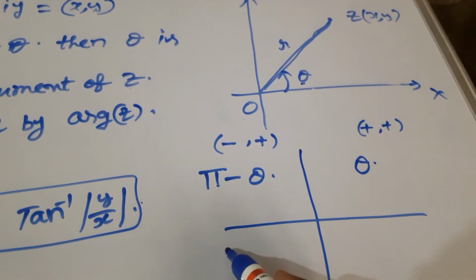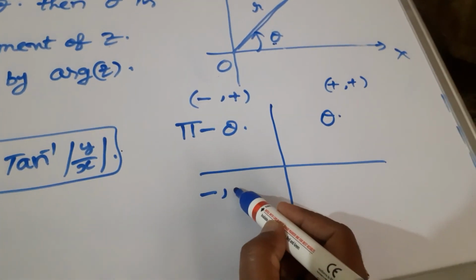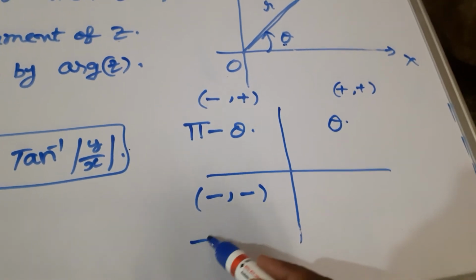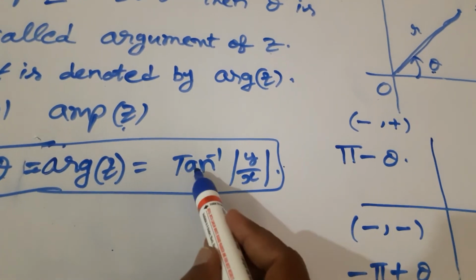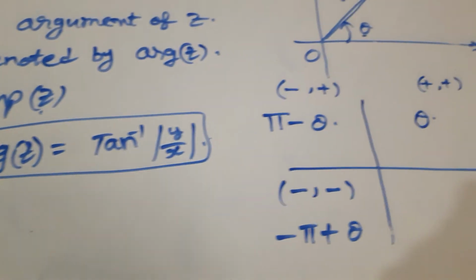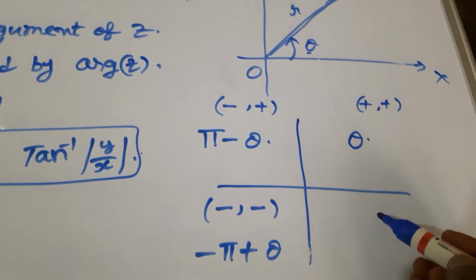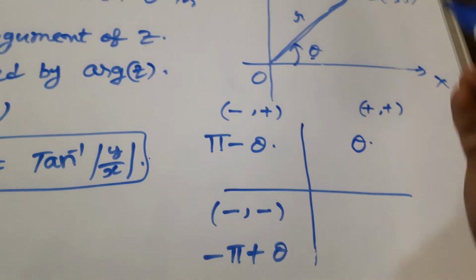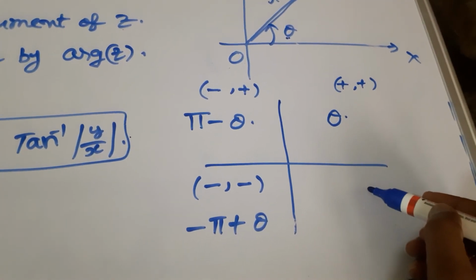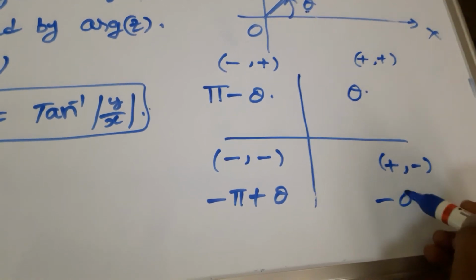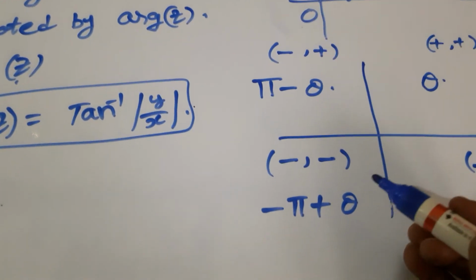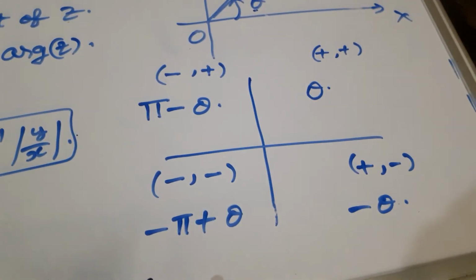If both are negative, x negative and y also negative, we apply minus pi plus theta, where theta is tan inverse of mod y by x. If x is positive and y is negative, then apply minus theta. So this is the argument formula.